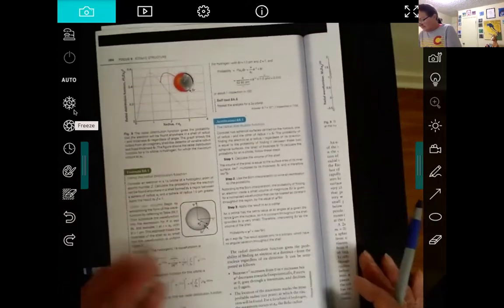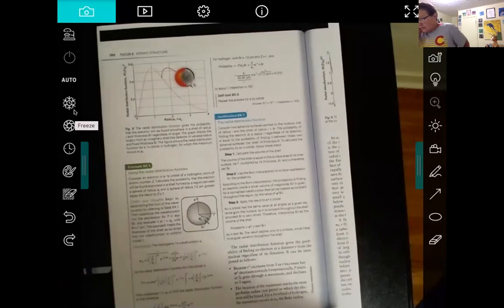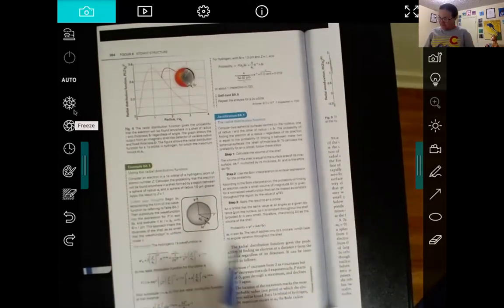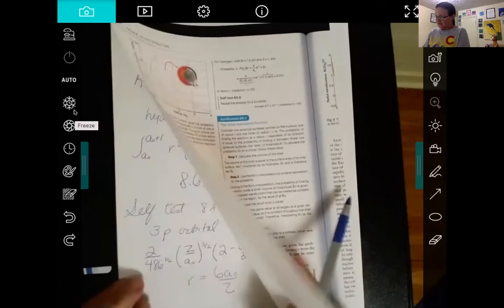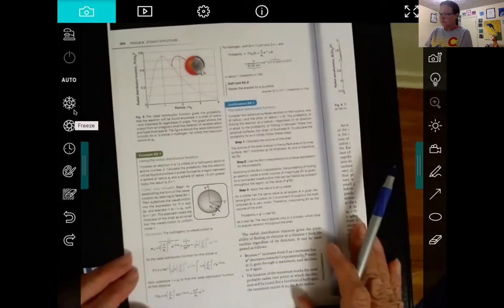So when we look at the next example, we're going to do an analysis that says do the same thing for a 2s orbital. So we have to read through what they asked for the 1s orbital.